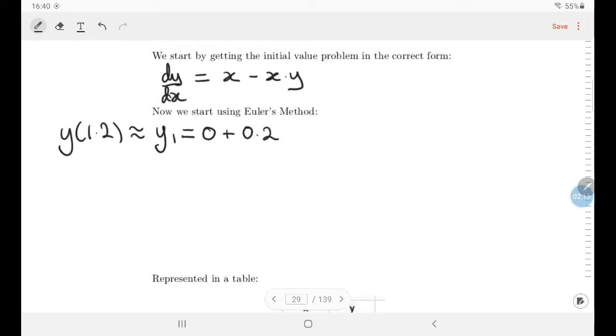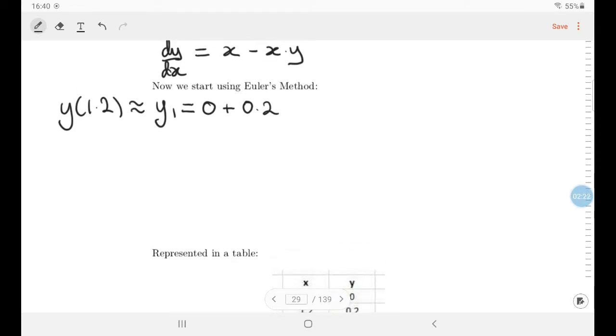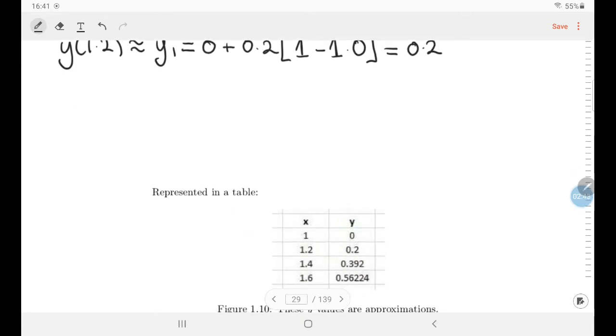Our slope depends on x and y, but our previous x is 1 and our previous y is 0. So we have 1 minus 1 times 0, which is 0, so you get 0.2 times 1, which is 0.2. And that goes in the table here. So this is our approximation to the y value at x equal to 1.2.